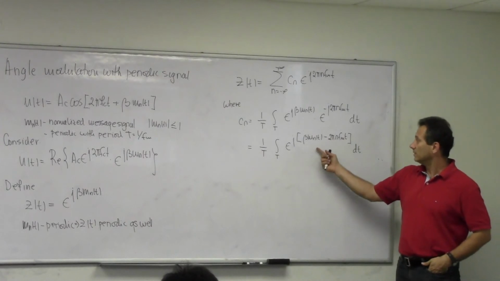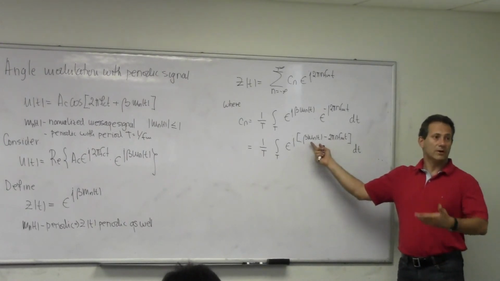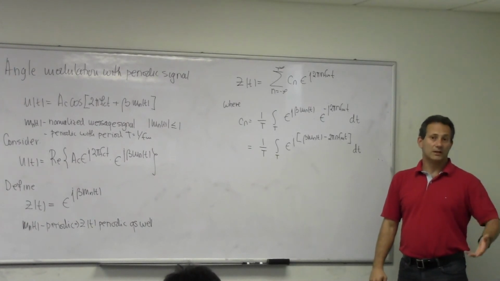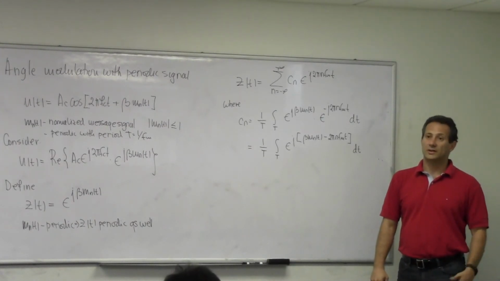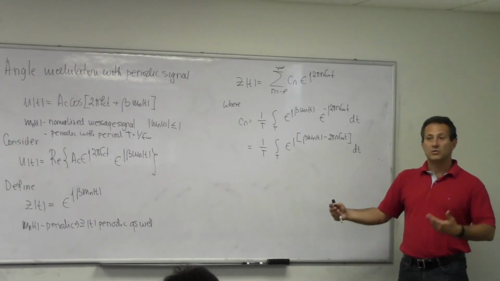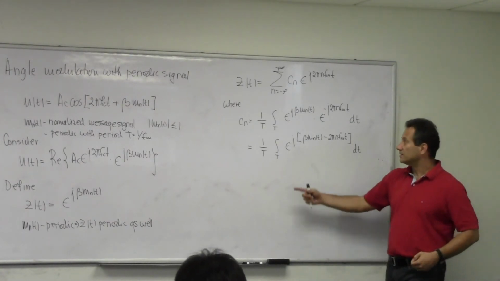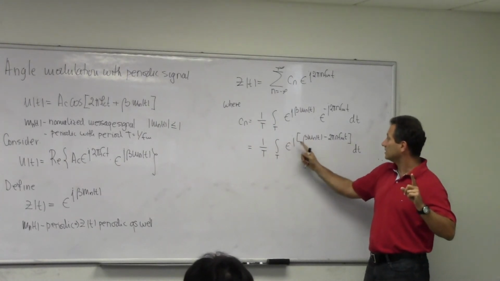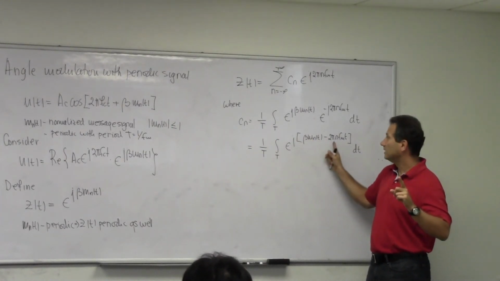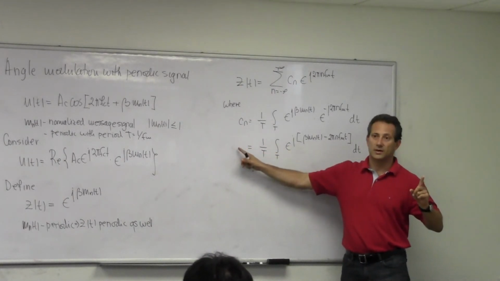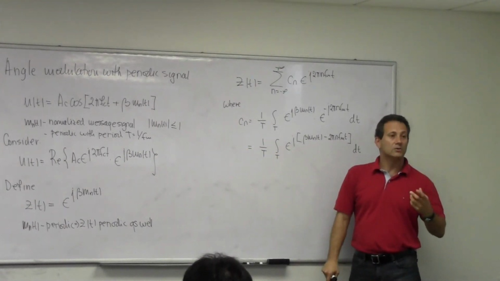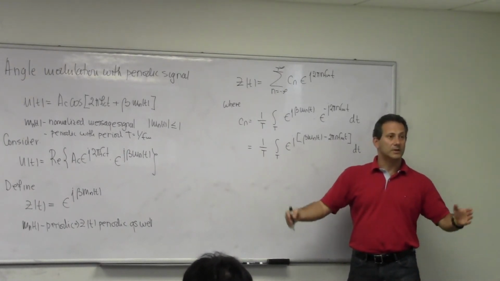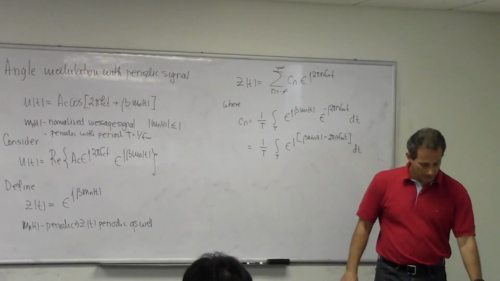There's nothing that prevents you from putting in whatever mn of t is, and if you can solve it analytically, you can. If you cannot, you solve it numerically, but you get a single value, right? This is one number. For a given mn of t, give me beta, give me n, and I'll give you one number. This is the magnitude of that particular sinusoidal component that participates in making this signal.